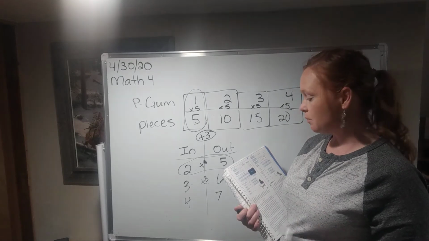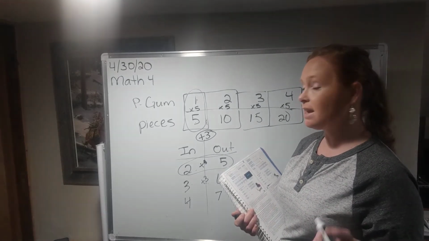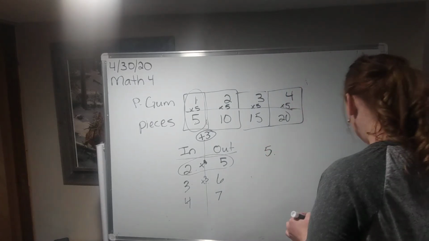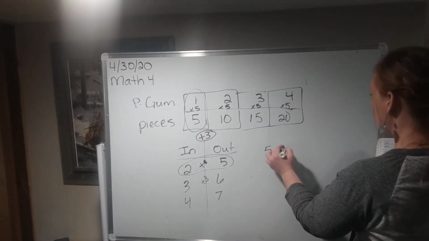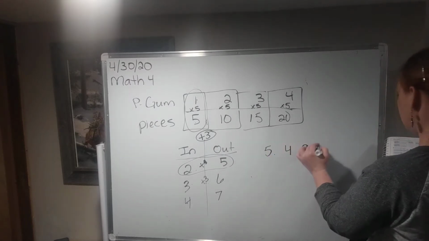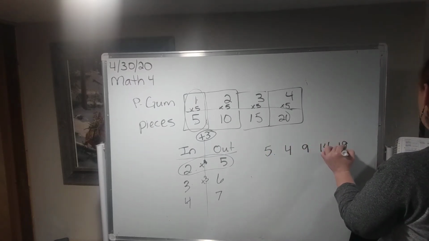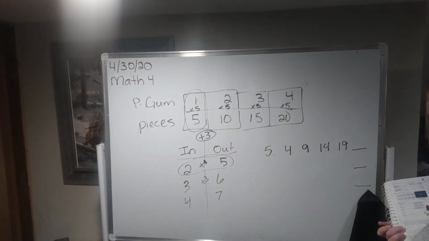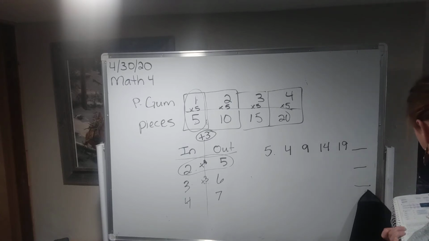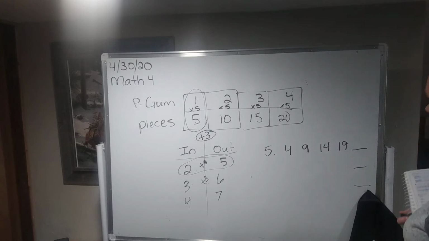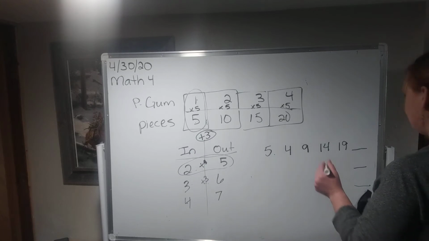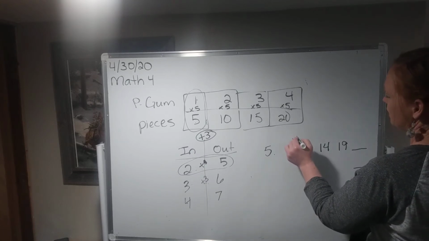Now, this is kind of fun. On number 5, it says complete the pattern. You may use a calculator. Okay? So on number 5, they give us 4, 9, 14, 19, and they want us to come up with 3 more numbers. Sorry, I ran out of room. Okay? So the question is how did they get from 4 to 9? 4, 5, 6, 7, 8, 9.